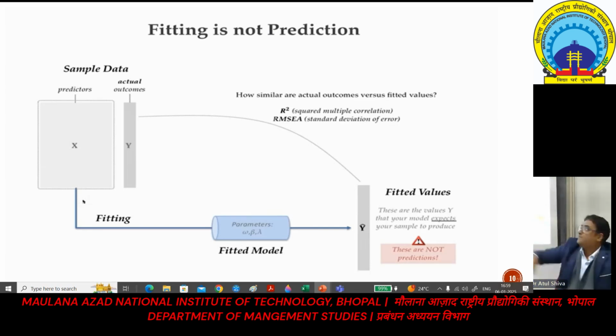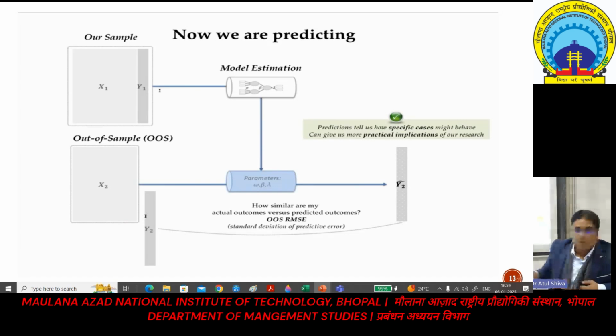Prediction is, look at this sample model, training data. Y is the DV, X is the IDV, right? You run the regression on training data, you record alpha and beta, these are the parameters. Then you apply this alpha beta on holdout cases. Look at this diagram.